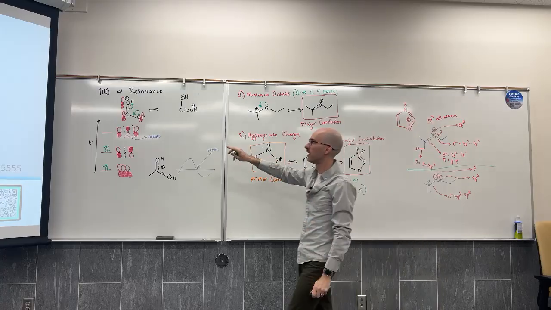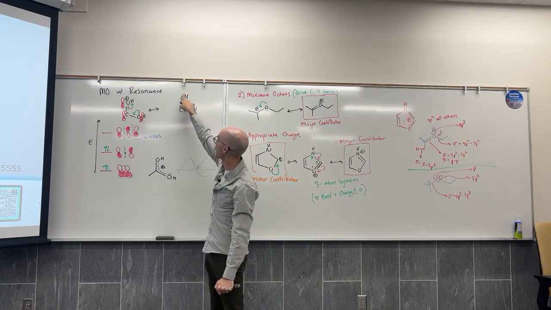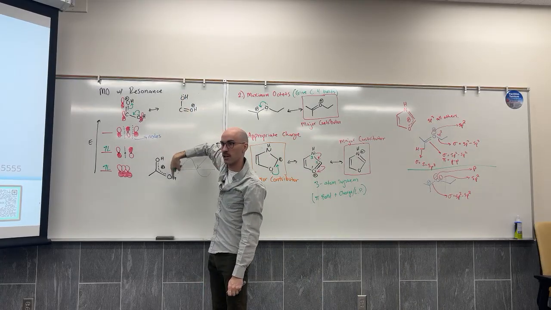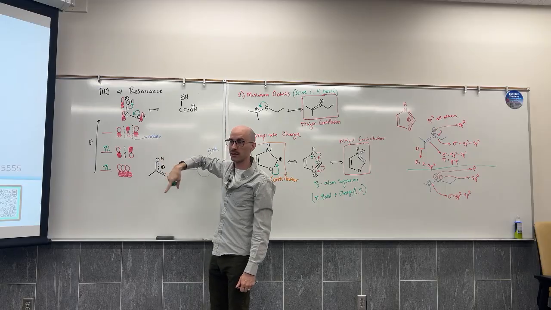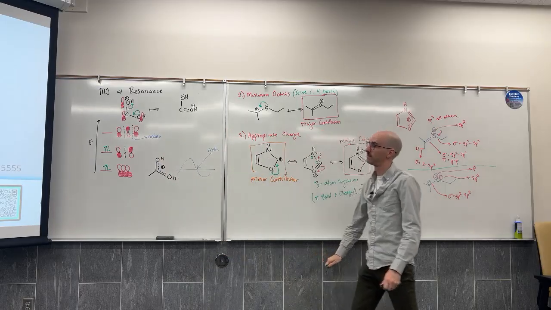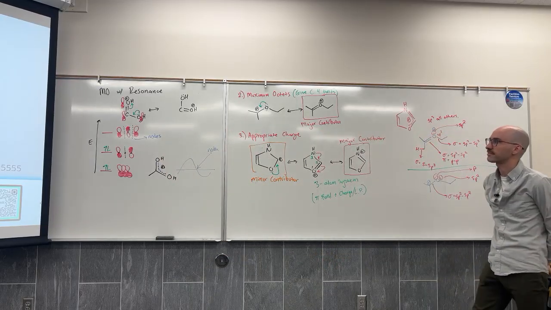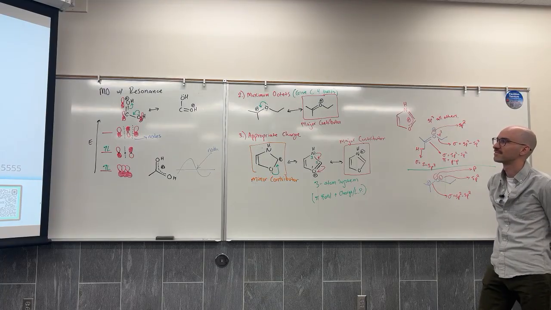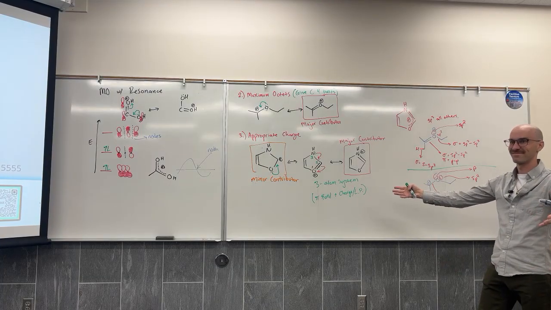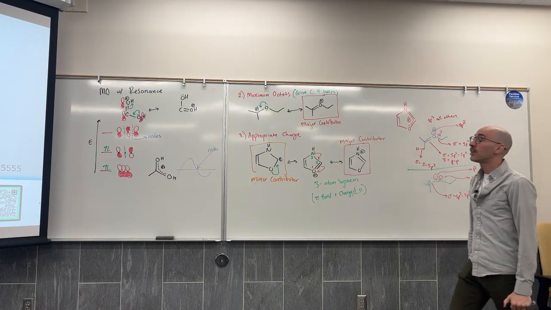MO theory says this lone pair and that lone pair are actually just oscillating between the two oxygens. How do you know, if you were just looking at the MO theory diagram, which ones are the lone pair and which ones are the bond? Good question.